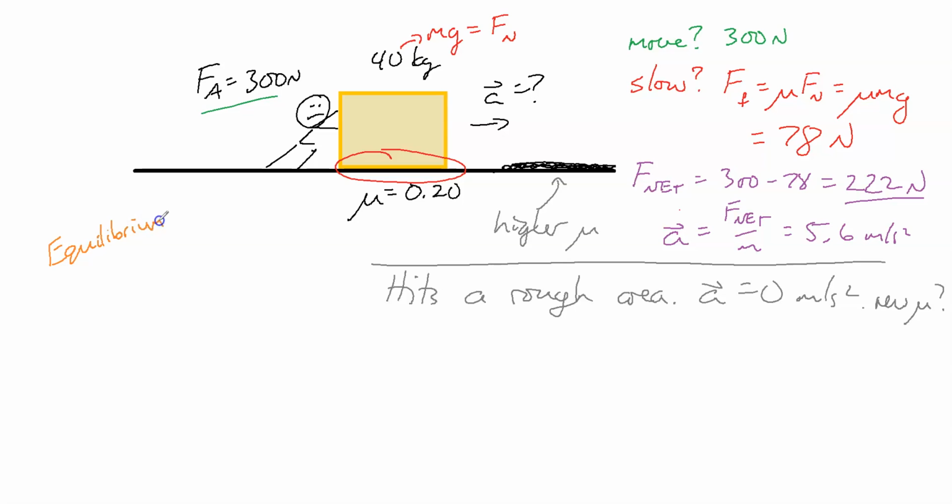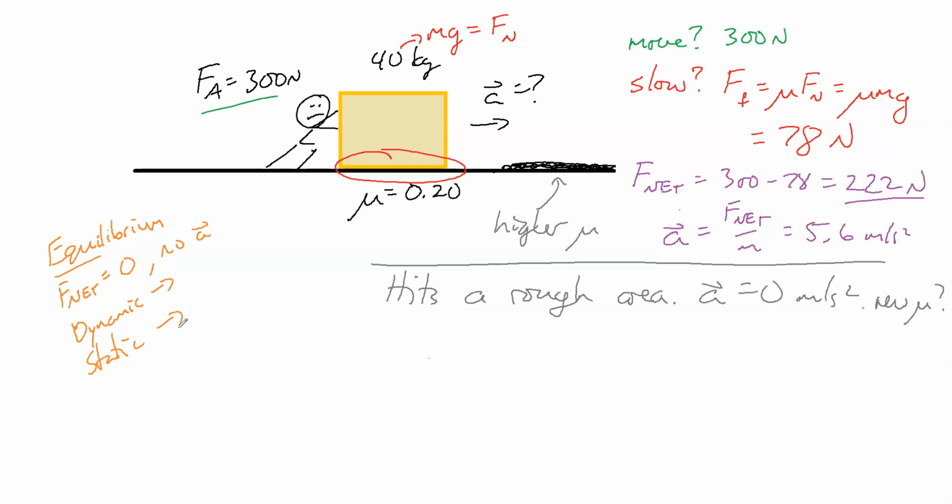Now the core word of equilibrium, of course, is equal. It's called equilibrium because all the forces are equal to each other. That basically means that the net force is equal to 0, which means you have no acceleration. There are two kinds of equilibrium: dynamic equilibrium and static equilibrium.